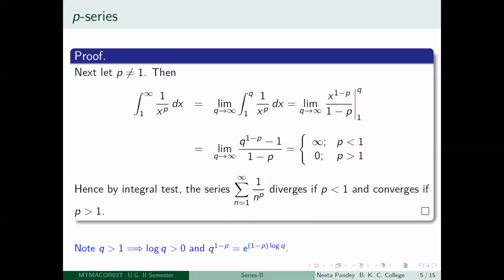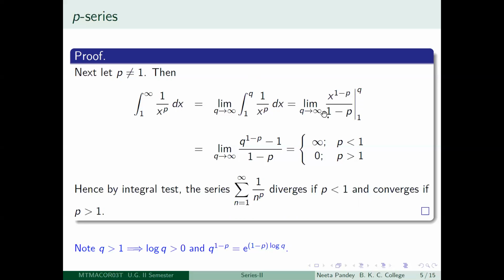Now let us look at what happens when p is not equal to 1. So again we have to look at the improper integral from 1 to infinity of 1 by x to the power p dx. By definition it is equal to the limit as q tends to infinity of the integral from 1 to q of 1 by x to the power p dx. Now what is this integral?